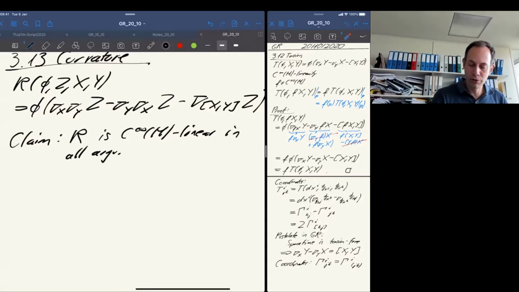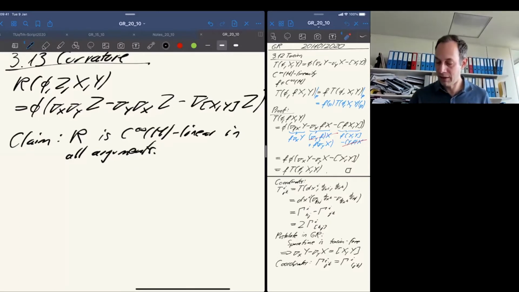Now I'm actually not sure whether I should really do this calculation, because it's not so tedious, but it will take some time. The calculation is very similar to the calculation I've already done here for the torsion. It's just writing the definition out and using the usual rules that we know already for the covariant derivative, and then canceling terms and observing that it's indeed C infinity linear.